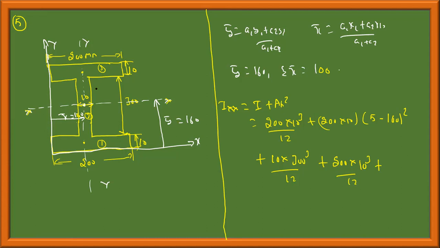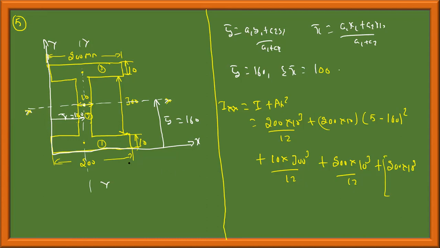So from this, I want to take BD cube by 12 plus A h square. My centroid is not passing through this axis here. The third section's centroid is somewhere here, that is y bar. So I have to take A h square, which is 200 into 10, A into h square.